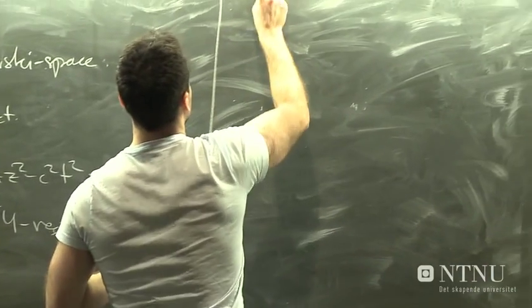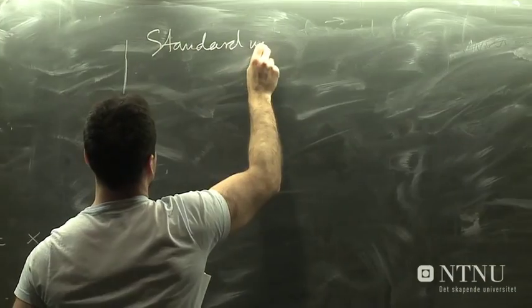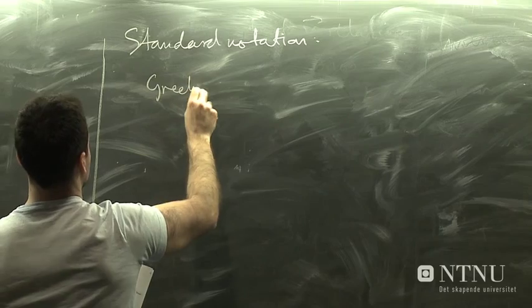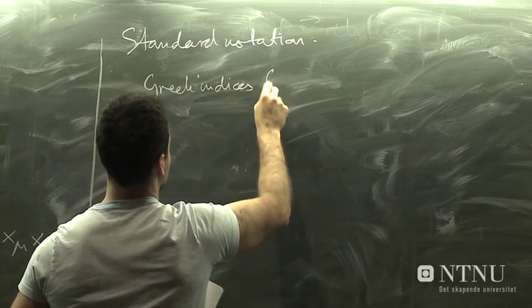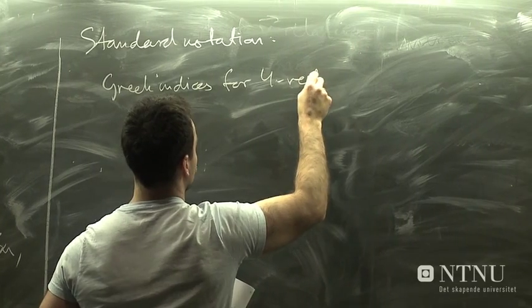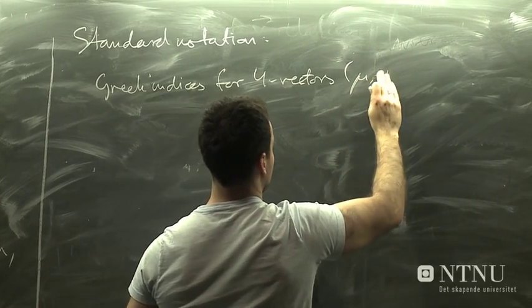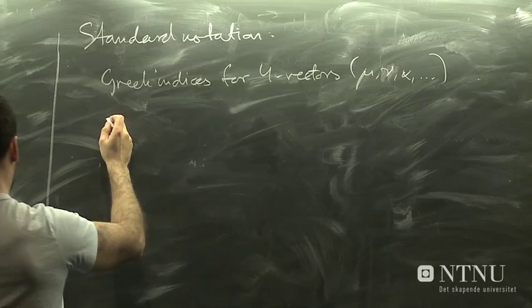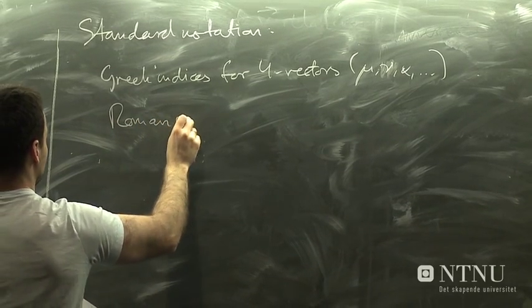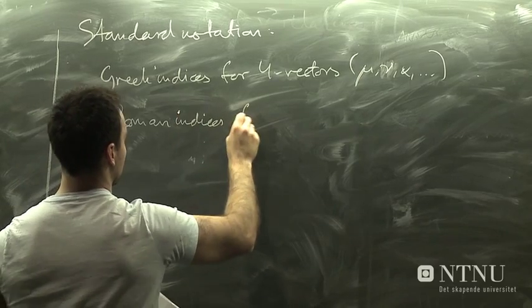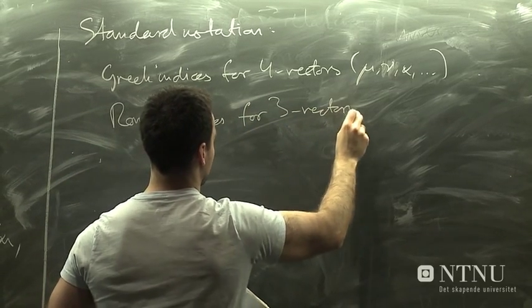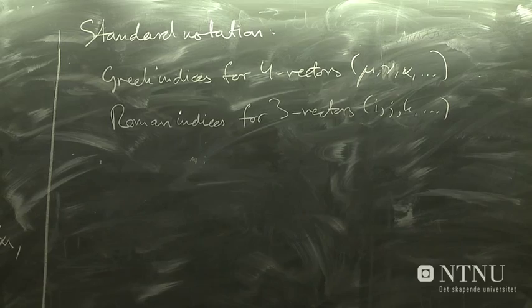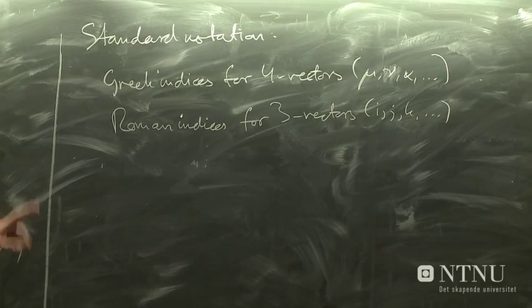So we use Roman indices for our standard 3 vectors in normal space, and we use Greek indices for these 4 vectors.